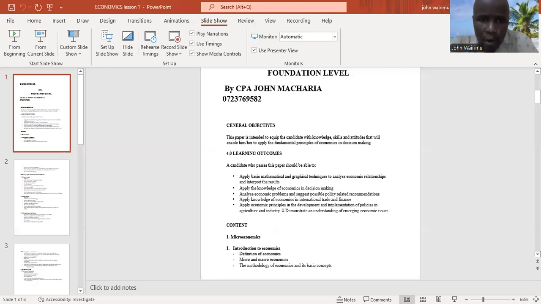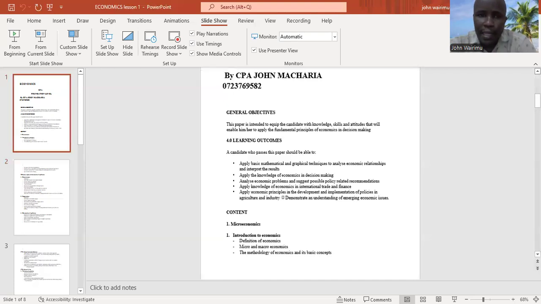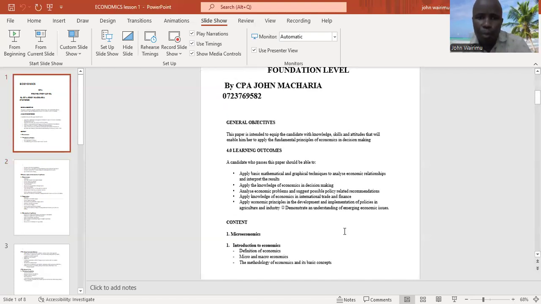Now, what a learner is expected to achieve: we had said that a candidate who passes this paper should be able to do the following. One, apply basic mathematics and graphic techniques to analyze economic relationships and interpret the results.